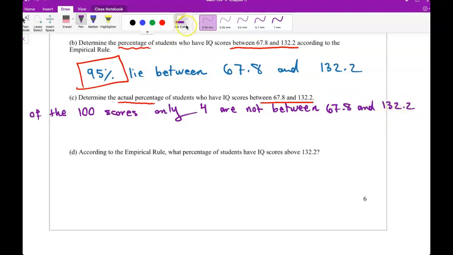Those numbers were 141, 136, 62, and 60.